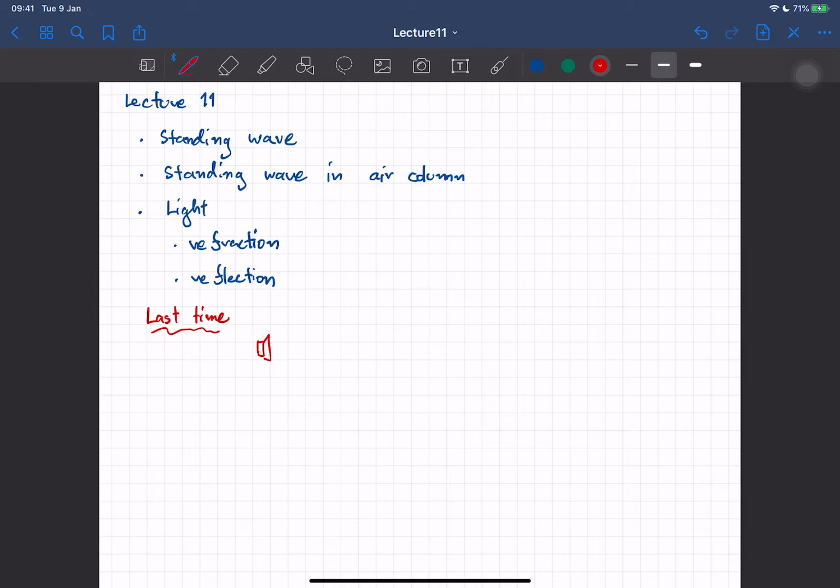For example, if we have two speakers, blue and red, and let's say we are here.